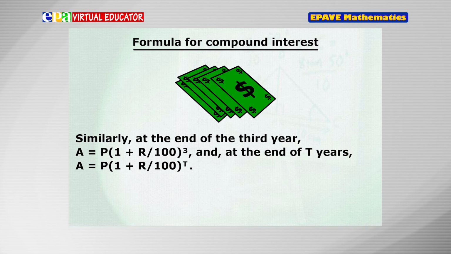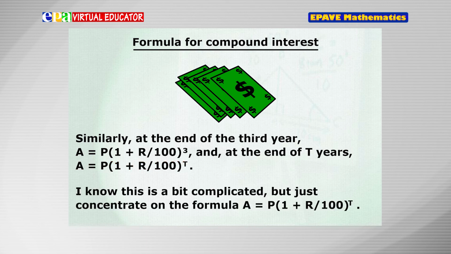Similarly, at the end of the third year, A is equal to P multiplied by 1 plus R divided by 100 cubed, and at the end of T years, A would be equal to P times 1 plus R divided by 100 to the power of T. The formula for compound interest is A equals P multiplied by 1 plus R divided by 100 to the power of T.